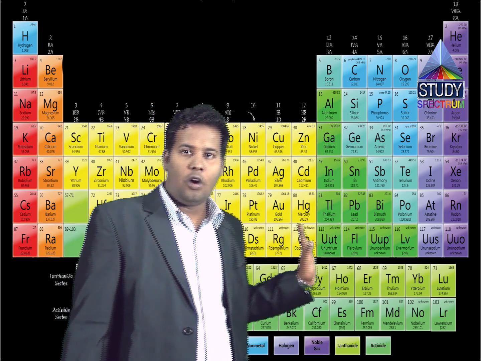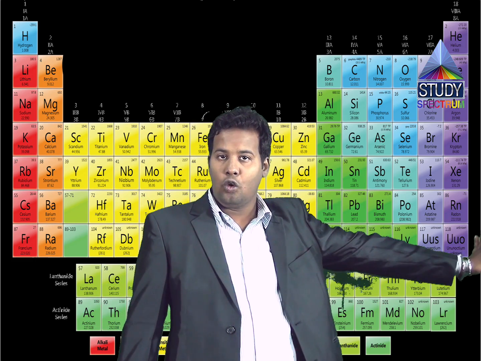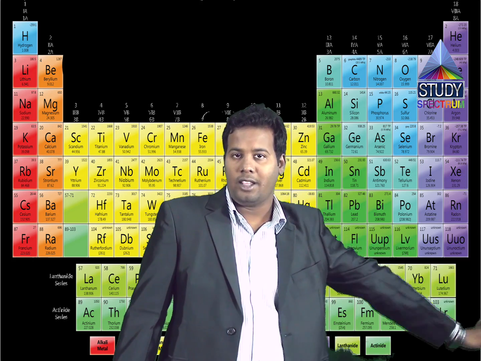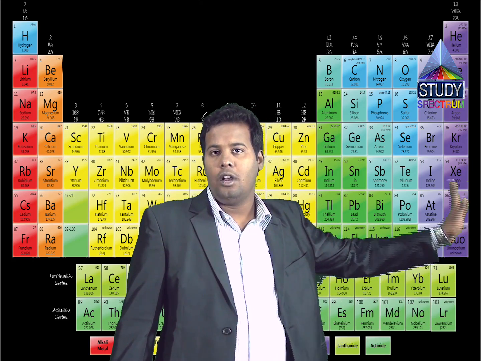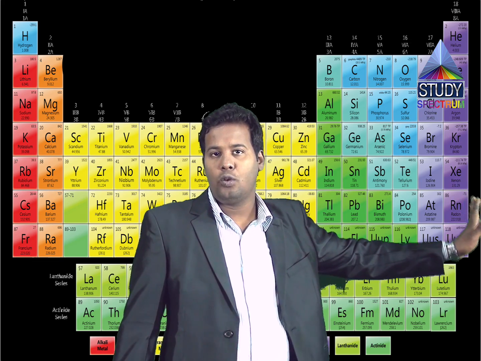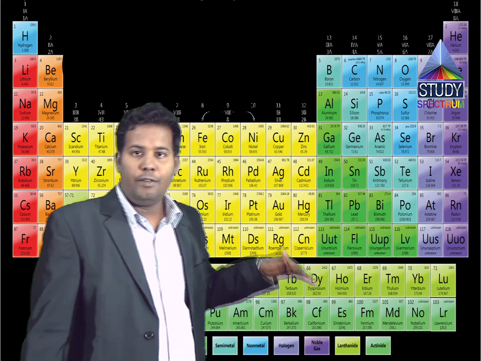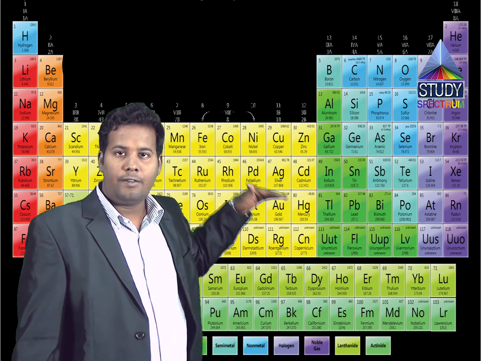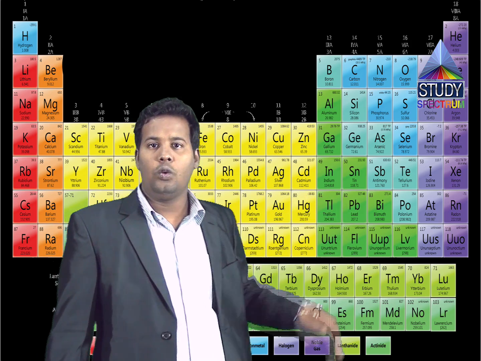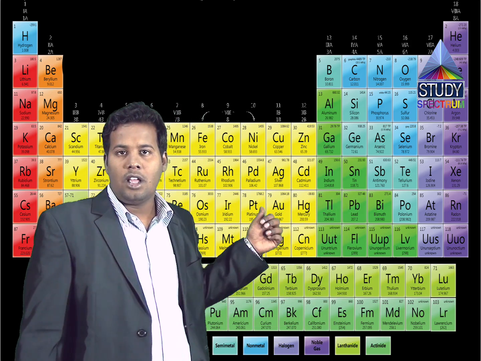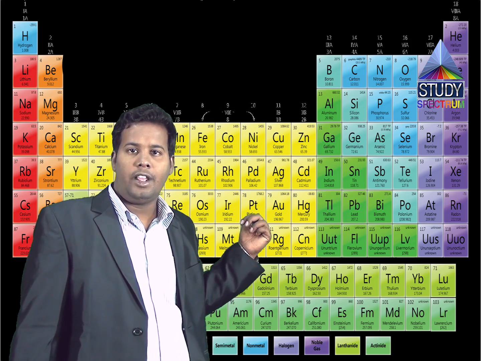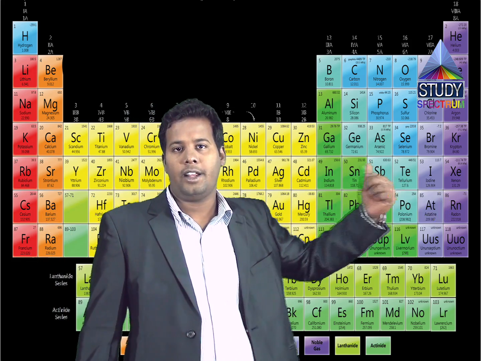Also, if you see the periodic table, in the end the 18th group are the noble gases. All have their octet complete, the outermost shell complete. If you see the different periods, the first period contains only two elements, hydrogen on the left extreme and helium on the right extreme.